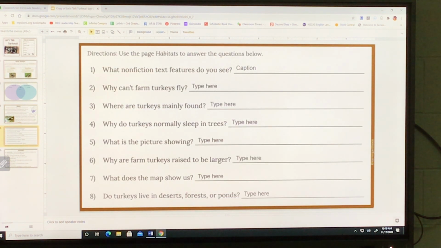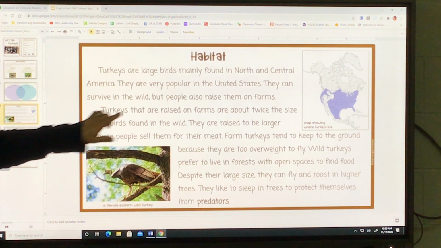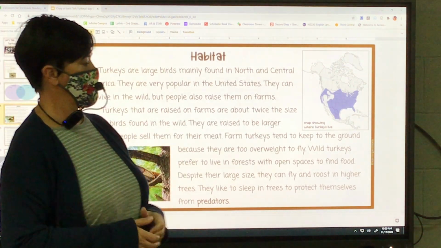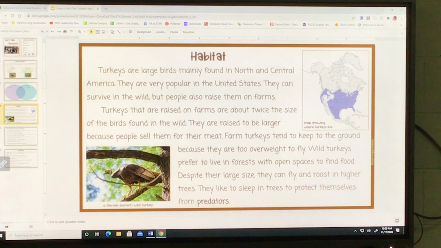Question 7, what does the map show us? So use the caption to tell what the map is showing.